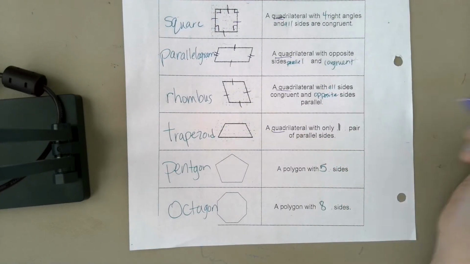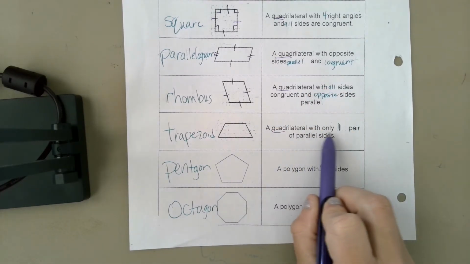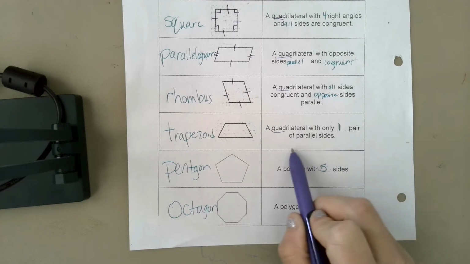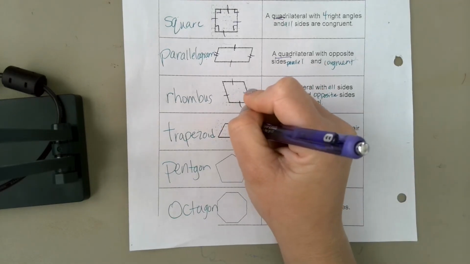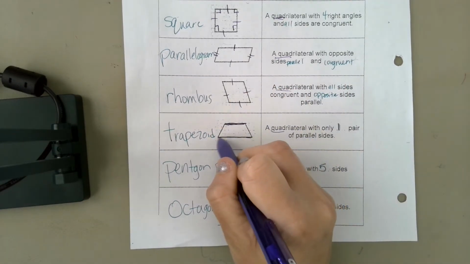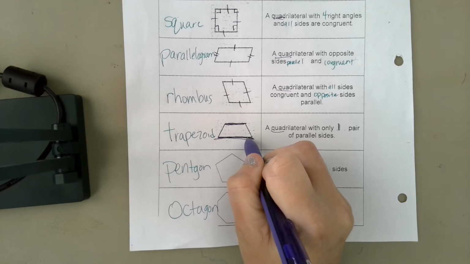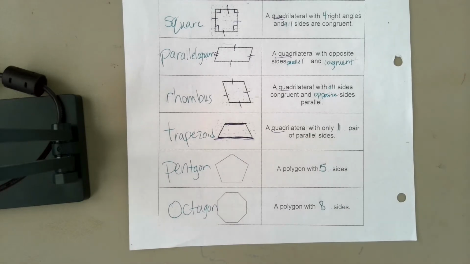A trapezoid only has 1 pair of parallel sides. For example, this side and this side, those are both parallel, so they would run all the way.